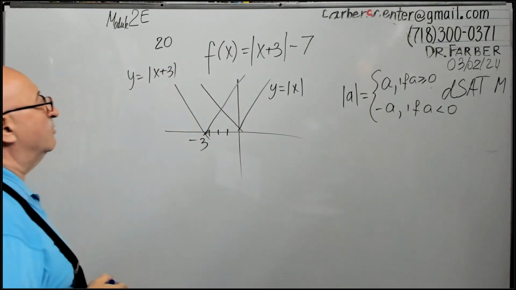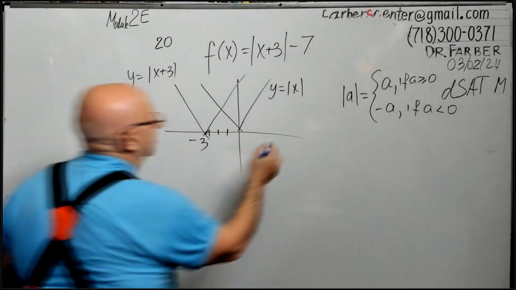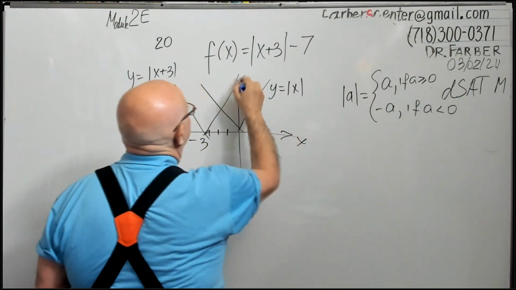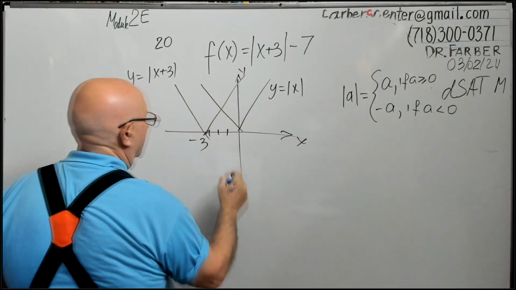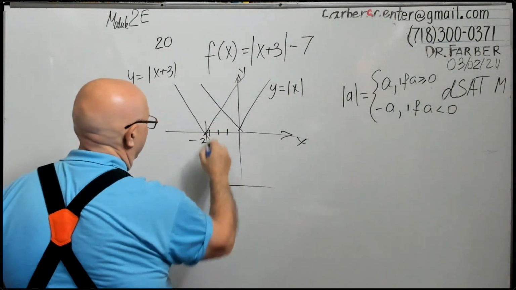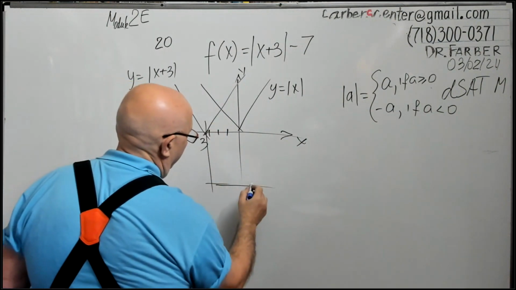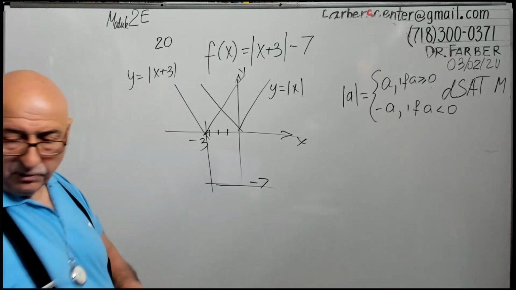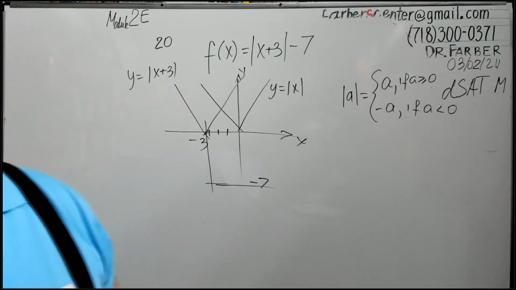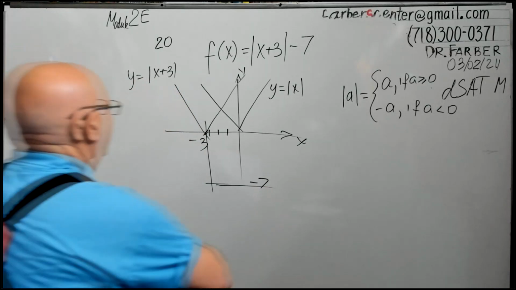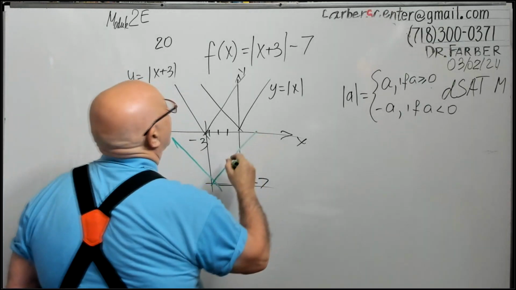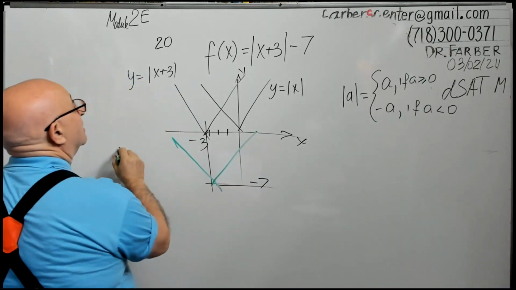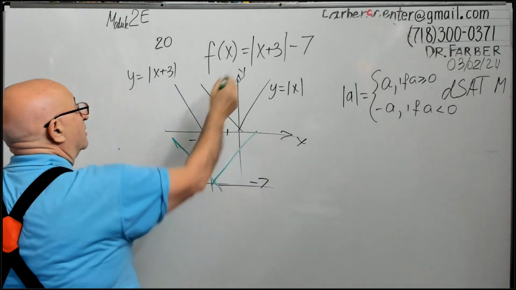Graph transformation: when you add, you go to the left. This is x, this is y. Minus 7. This is negative 7. I take a different color and make this final graph. This is my final graph.